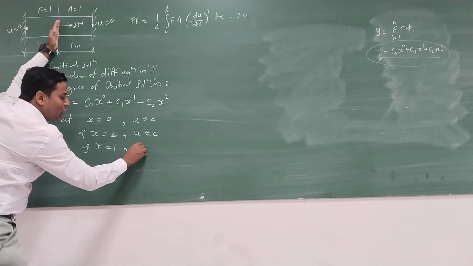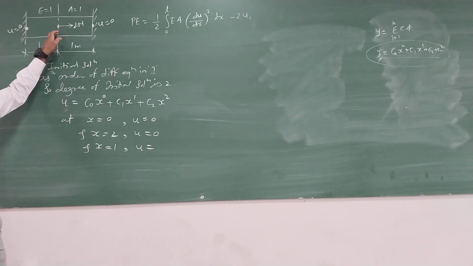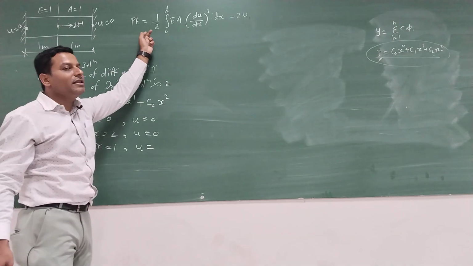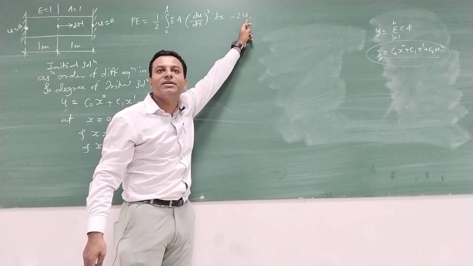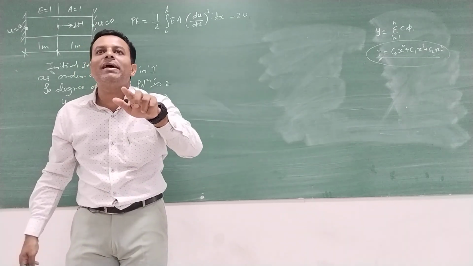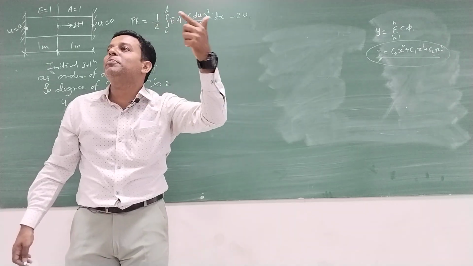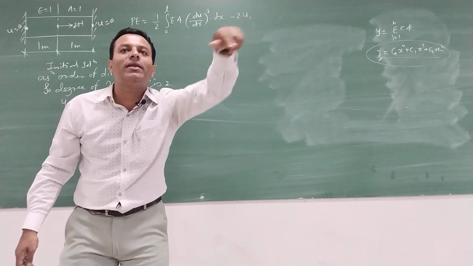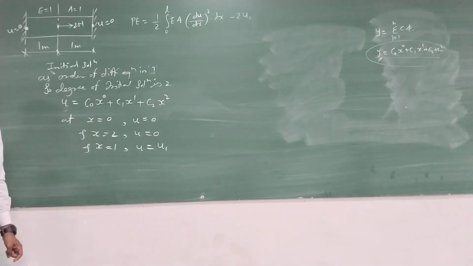At that point u is equal to displacement किती आहे माहिती आहे का? नाही. बट इथली डिस्प्लेसमेंट माहीत नाही आहे. दिस पॉइंट इज नॉट फिक्स. बट here in this potential approach you can see they have mentioned this value as u1. u1 म्हणजे काय? Displacement at point 1 meter. So displacement at point 1 meter is u1. So this u will be u1.